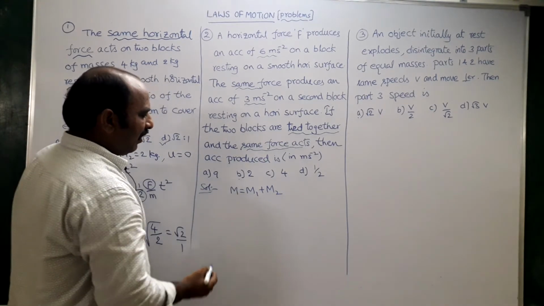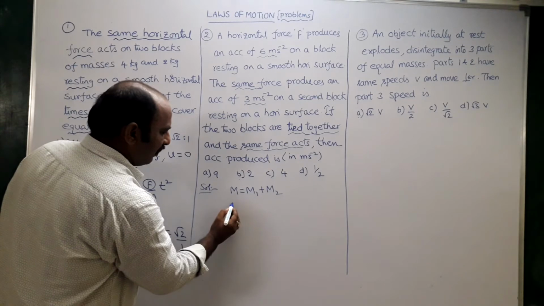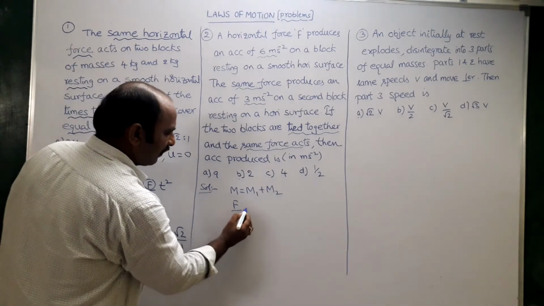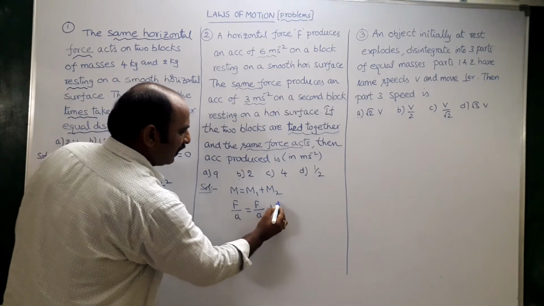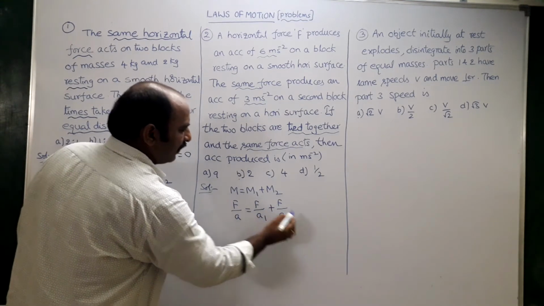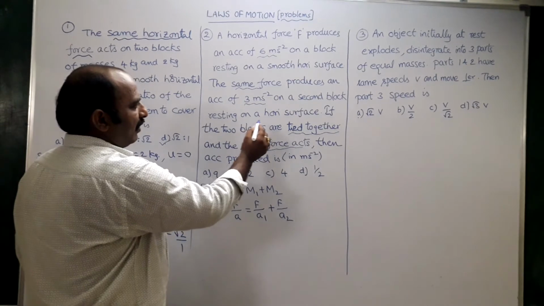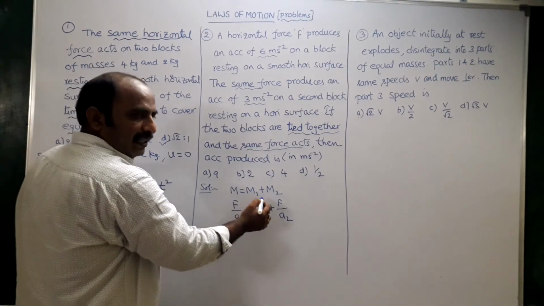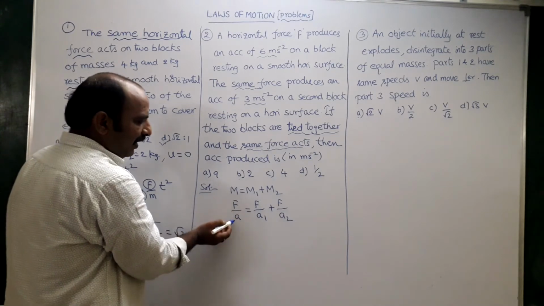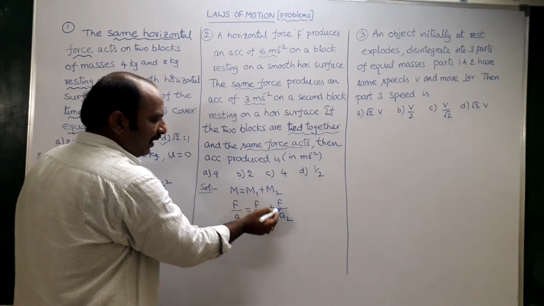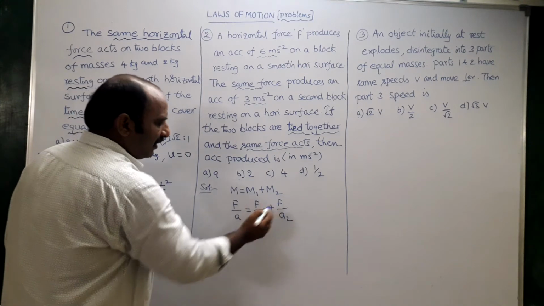Here finally the two blocks tied together, then total mass capital M is equal to m1 plus m2. By using Newton's second law, m is equal to f by a, and this will be written as f by a1 plus f by a2. Here the total horizontal force is same at every situation. F will be cancelled.